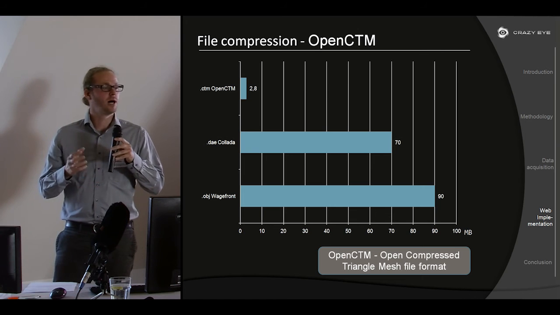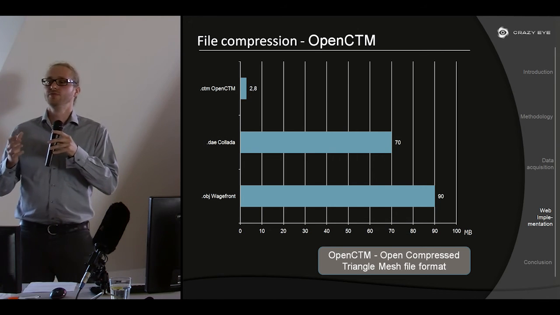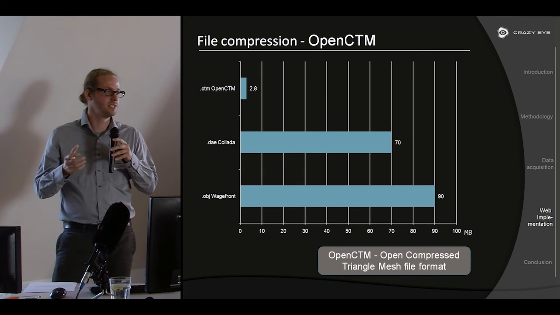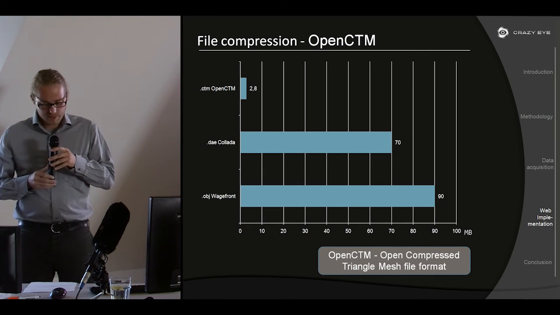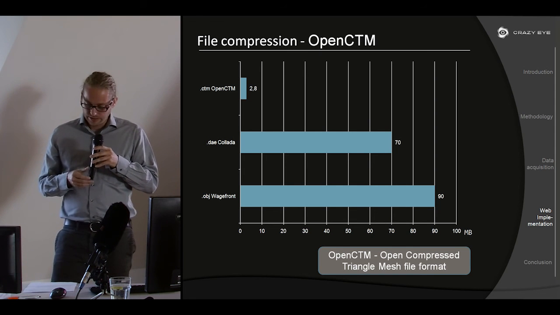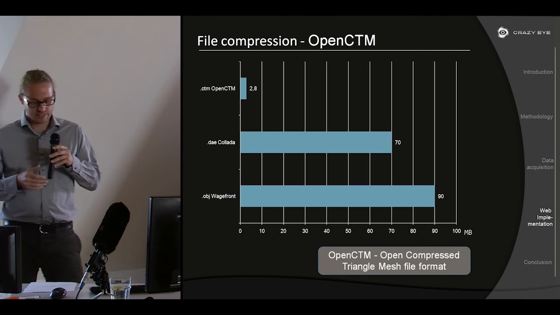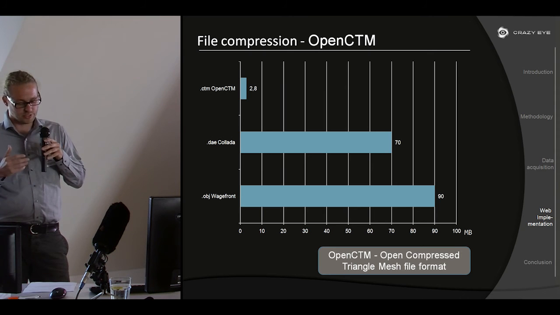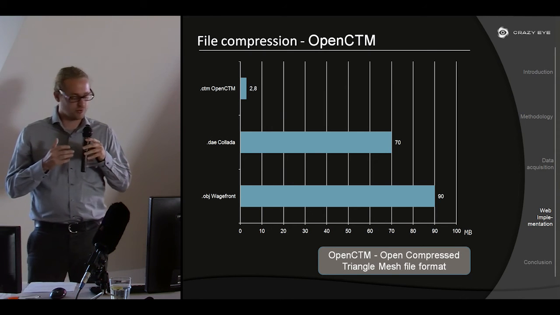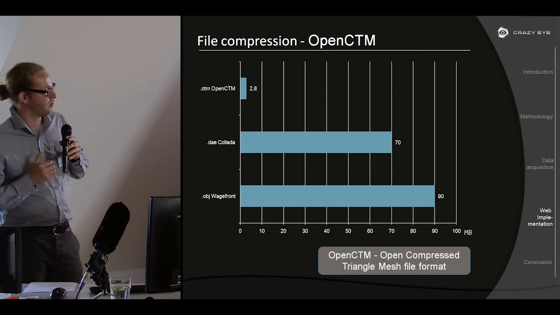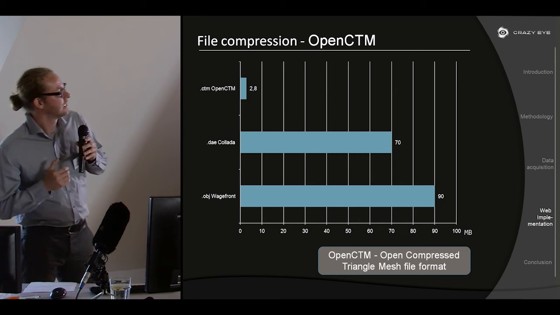The internet is all about seeing visual information instantly, and waiting time for a 3D model to display is a no-go, and therefore it is necessary to compress your data, and we converted our 3D models into OpenCTM format, which compresses the geometry lossless to a fraction of comparable file formats, like you see on this picture.